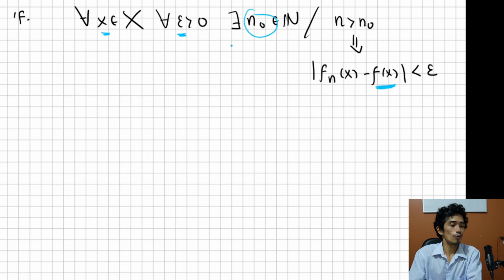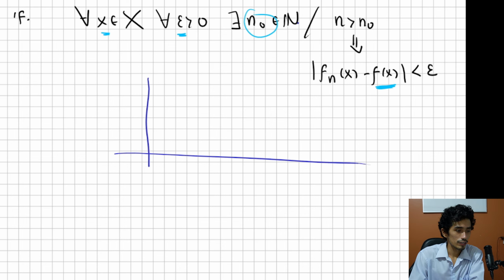If we do a quick graph, let's say that this is the domain a and b, and the limit function is like this. This is f.